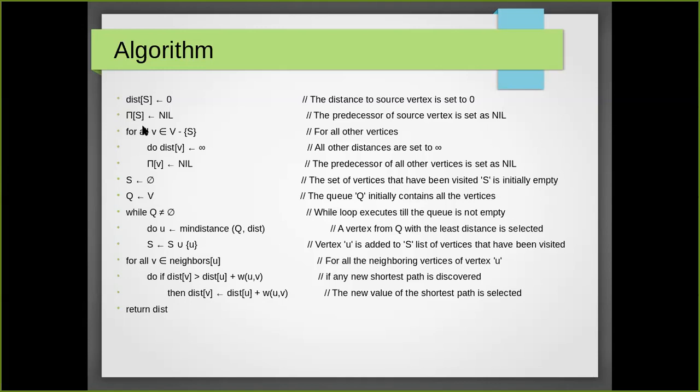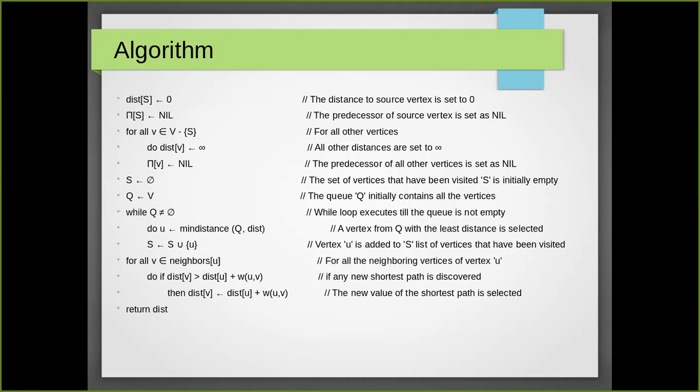Then I am maintaining a predecessor list, which initially has nothing, so I'm keeping it as nil or null. This is how we start the algorithm. We first add the source to the node set. We maintain a node set wherein we keep adding the best possible path, that is, the least cost information.